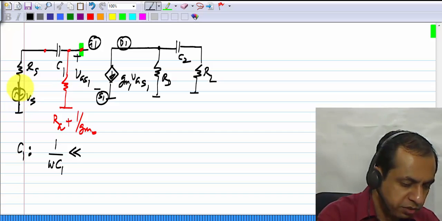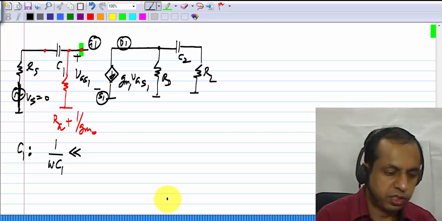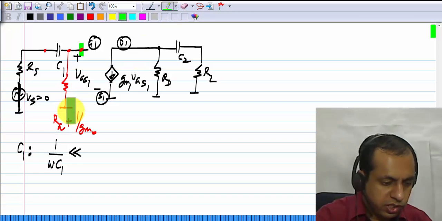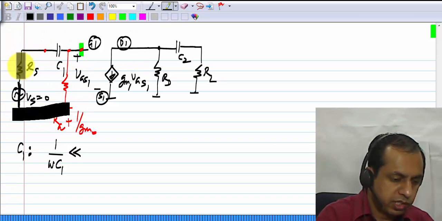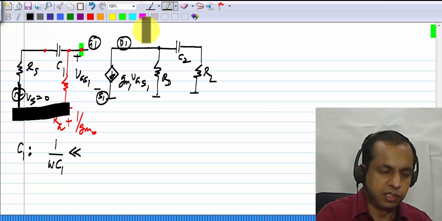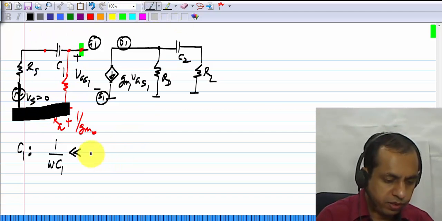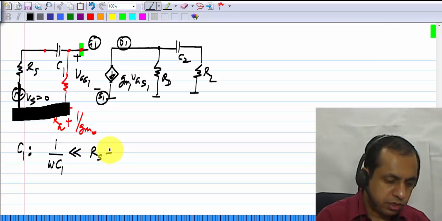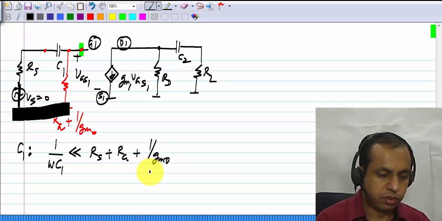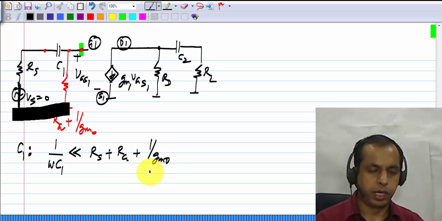That is, Vs is set to 0, so this becomes a short circuit. What appears across it is Rs and this resistance in series. So 1 over omega C1 must be much smaller than Rs plus Rg plus 1 by gm0.